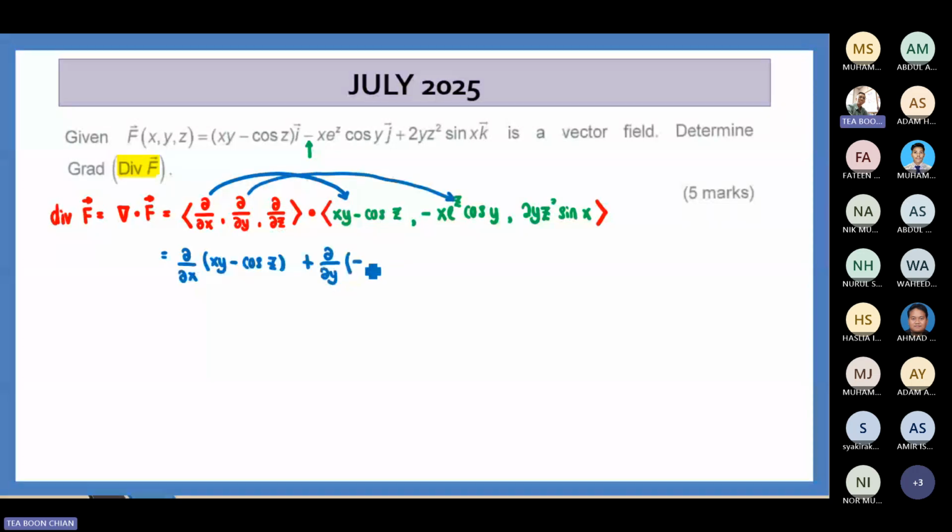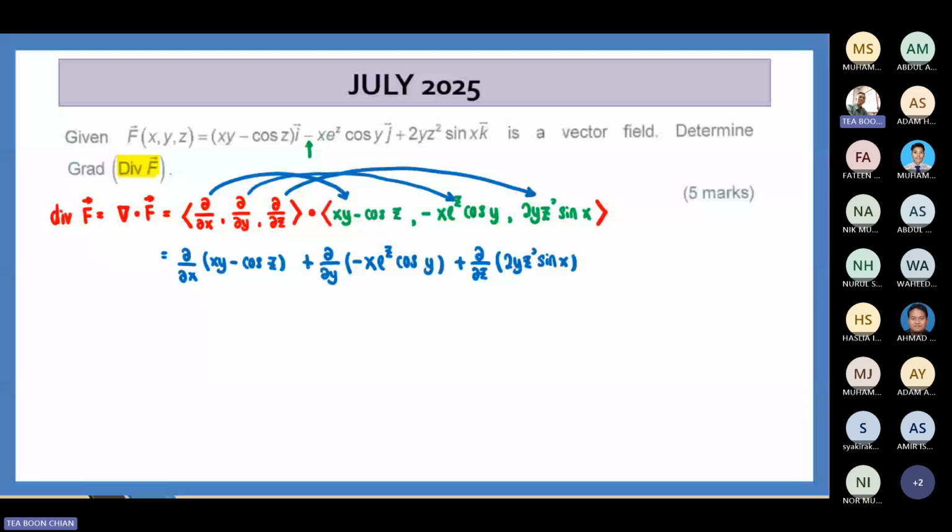What is negative x exponent power z cos y? Plus, finally, del over del z of the third component. Differentiate with respect to z. What is 2yz squared sine x? Now, we will always provide you quite a complicated vector function.